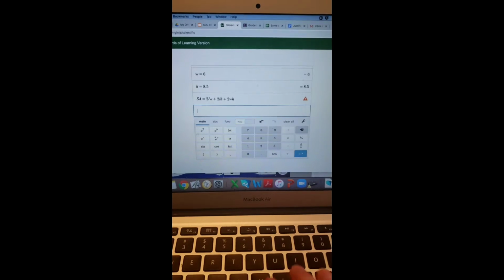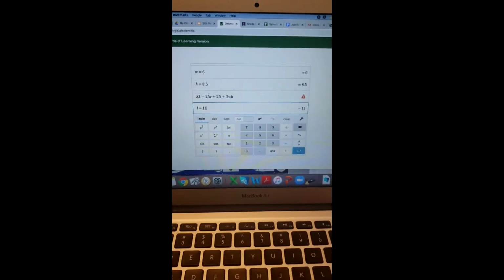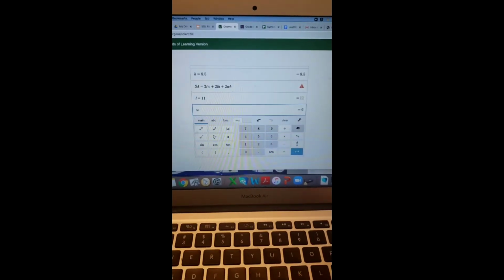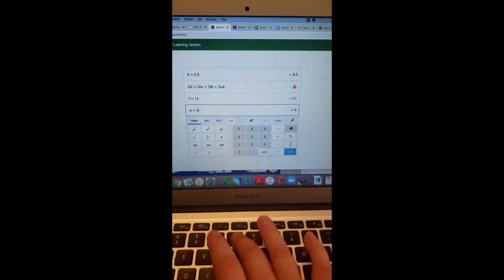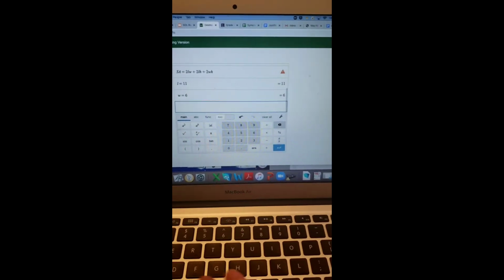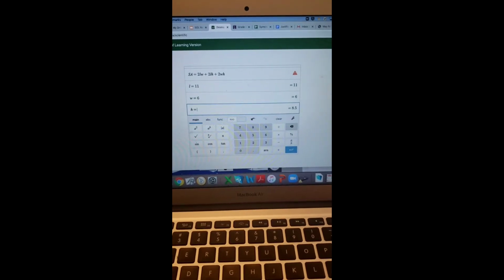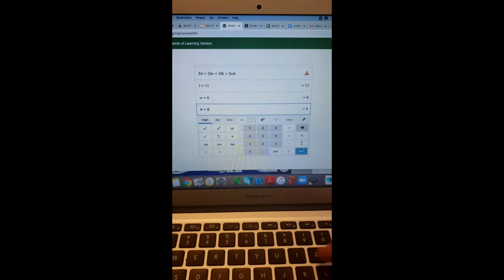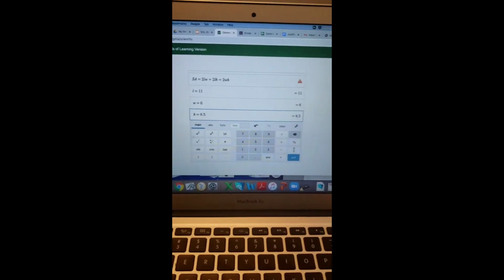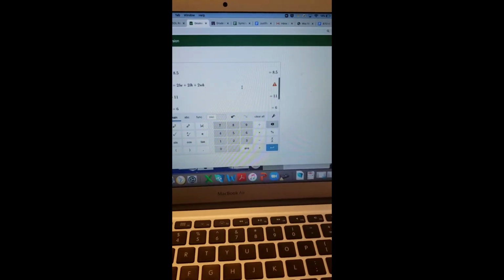And so I need to go back and do my length equals 11 again, width equals 6, height equals, watch, oh, look, 8.5. Equals. Okay, that didn't work.